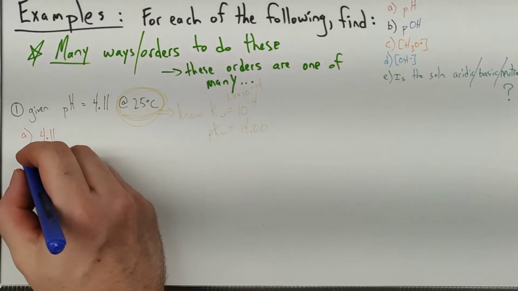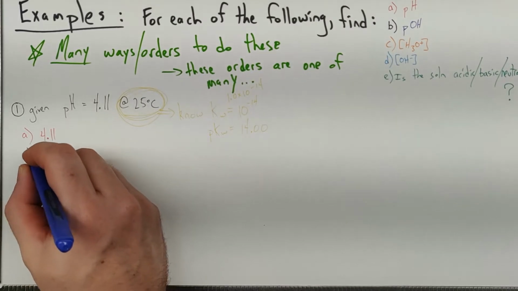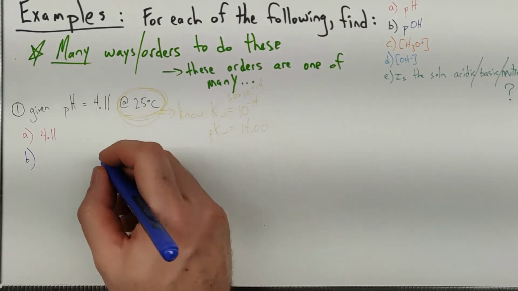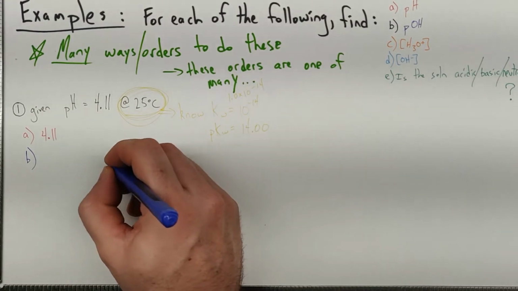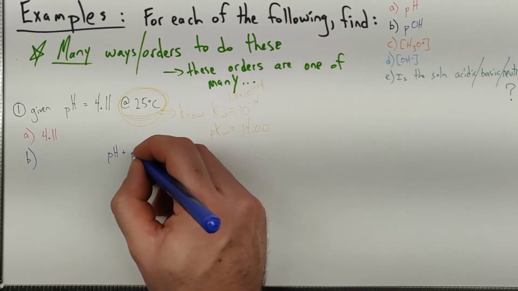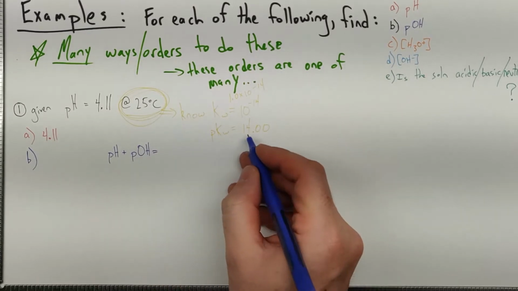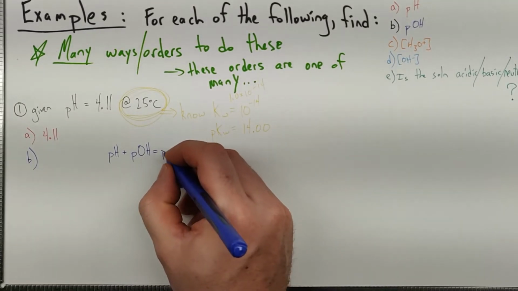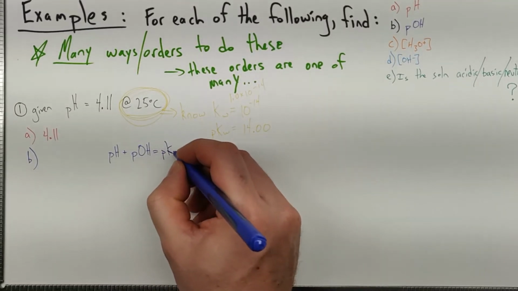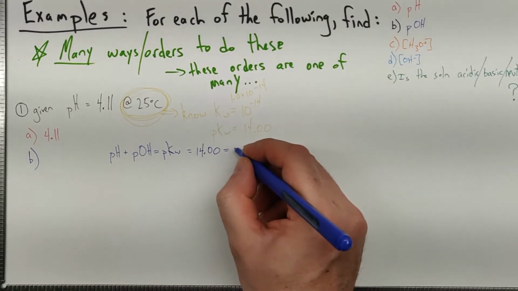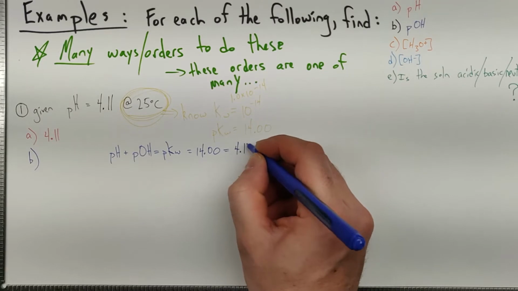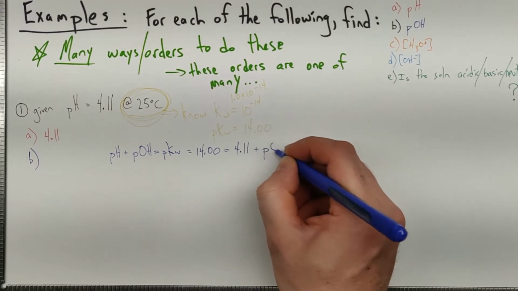But for part B right here, and I'll try and put the work over here so I can put the answer over there, if we have the pH, we can write out pH plus pOH should be, in this case, pKw, which is 14.00, and that is 4.11 plus pOH.